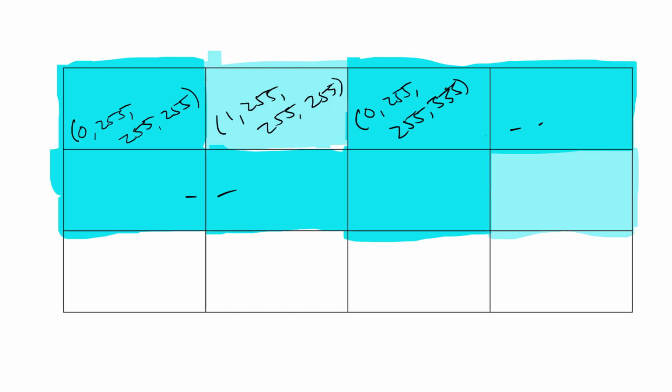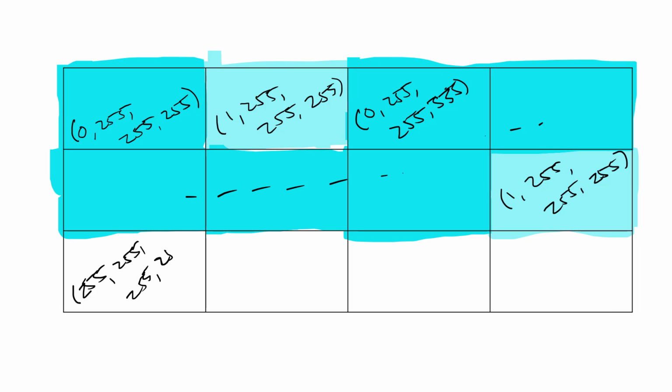And so on and so forth. This one is 1, 255, 255, 255. And down here, these pixels contain no value for A, or for the bits we're looking at. So this will be 255, 255, 255, 255, and so on and so forth.